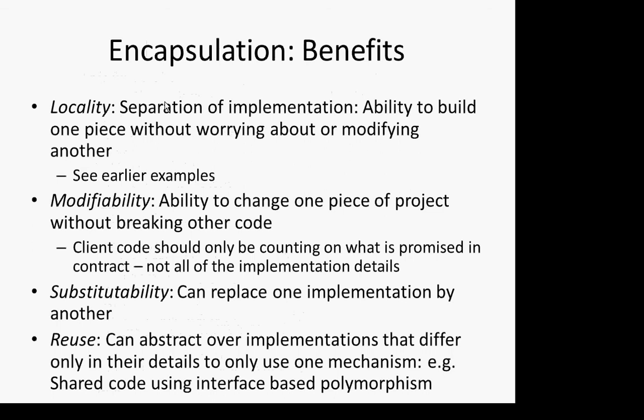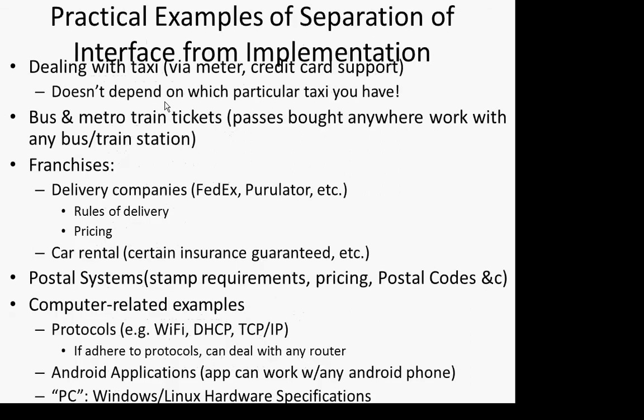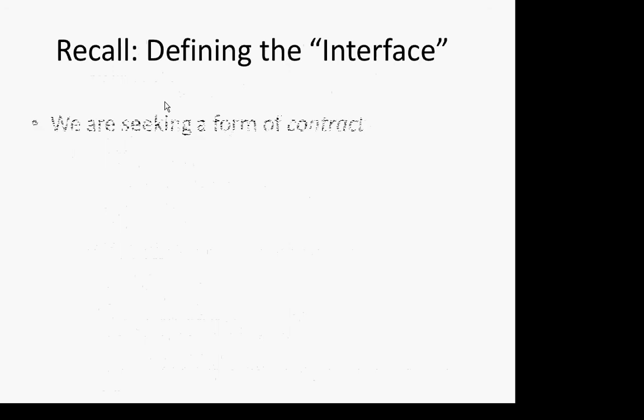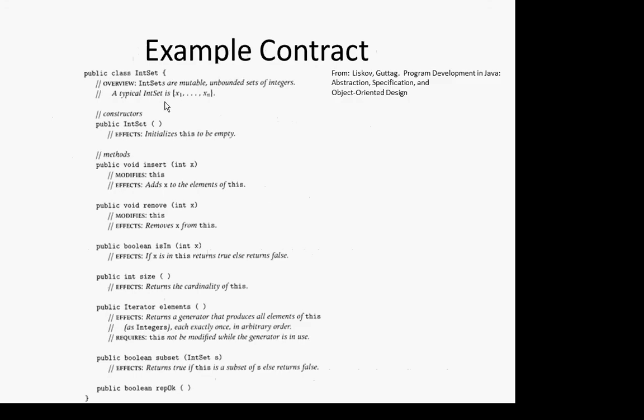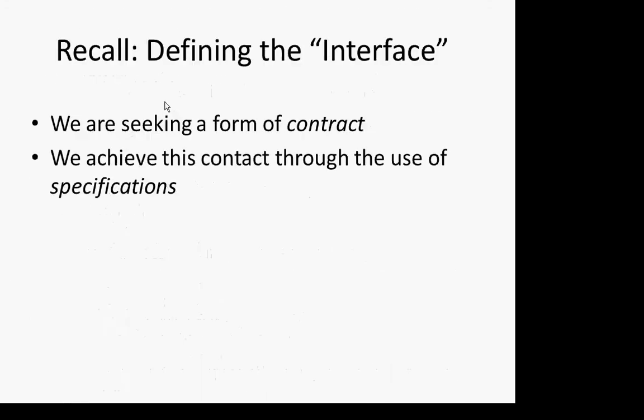So for example, we can have two implementations that differ only with respect to the types involved. We can have a generic type that implements both. So in defining this interface, we're seeking a sort of contract, and we do it by specifying these specifications.